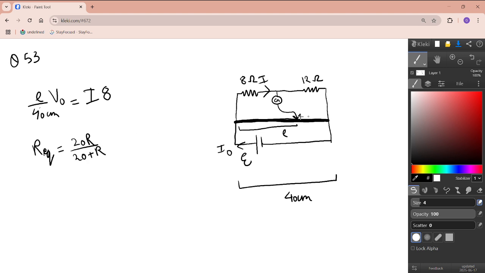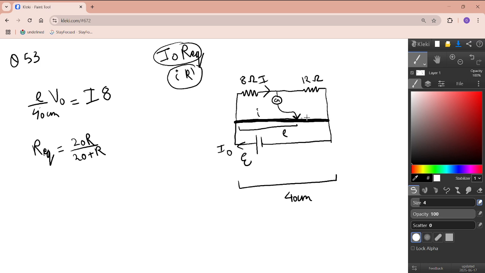The potential difference across these 2 points is IR, right? You can have it as both I naught R equivalent, or you can have the potential difference across this point as, let's say, some current I flows through this, I and R of this, which is, no, I haven't assumed some R dash.